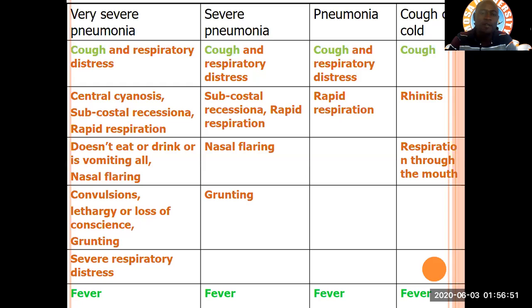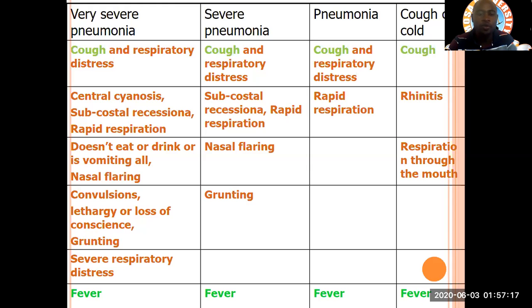Patients with very severe pneumonia don't eat or drink, which means there is loss of appetite, and there is nasal flaring. They will also present with convulsions, be lethargic with loss of normal levels of consciousness, as well as grunting. There will be severe respiratory distress and also fever.